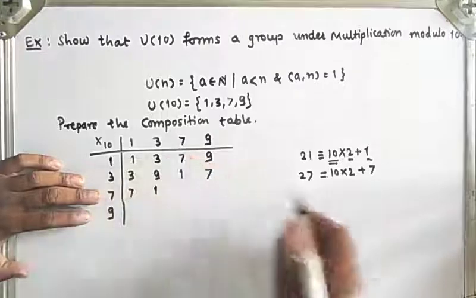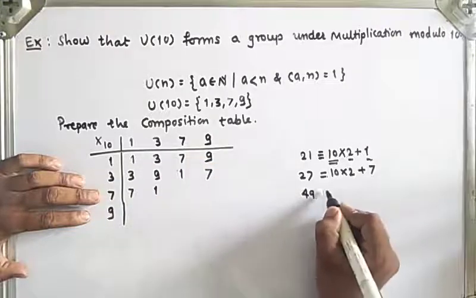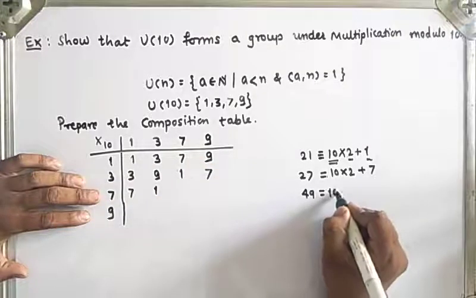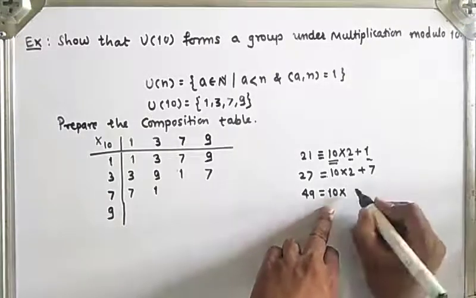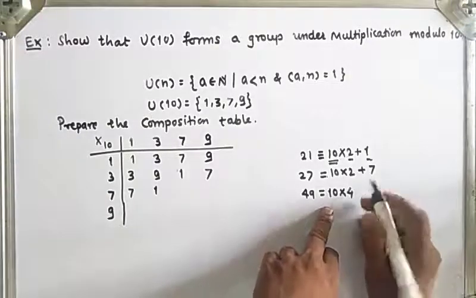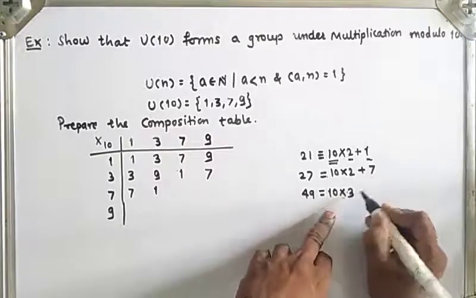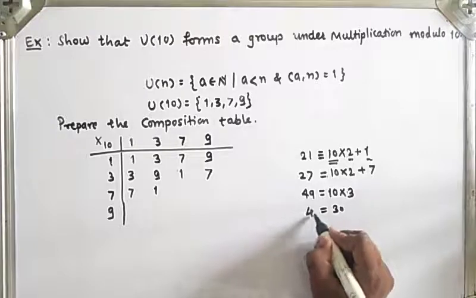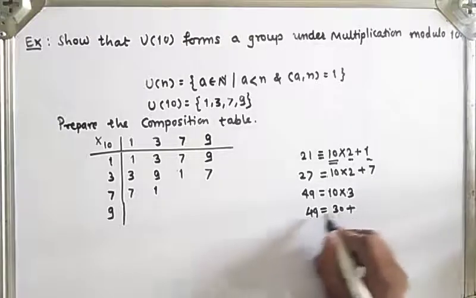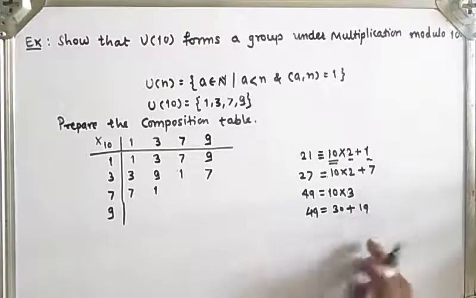Now 7 into 7 is 49. So 49 is divided by 10. Then take the quotient. I will take quotient 4, because if I take 3, then the multiplication of these two is 30, and from 49 the remainder will be 19, right?